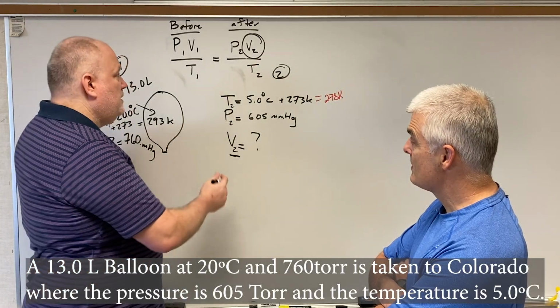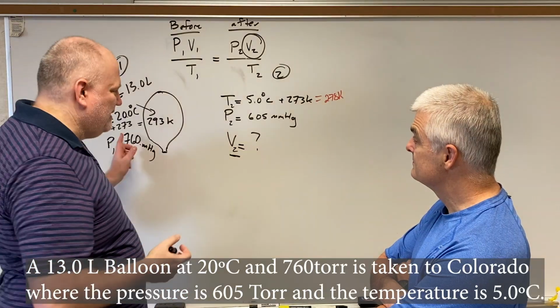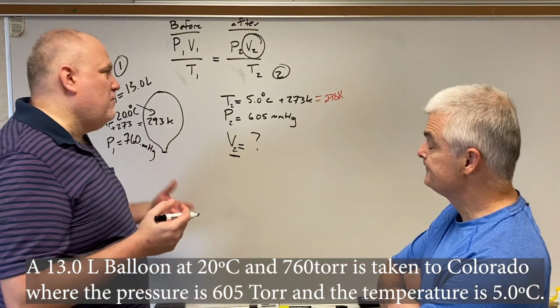So if we do it this way, we're going to take all the numbers, and it's incredibly important that you do not mix and match the T's and the ones and the twos.